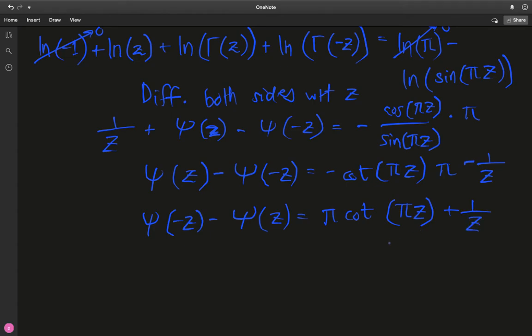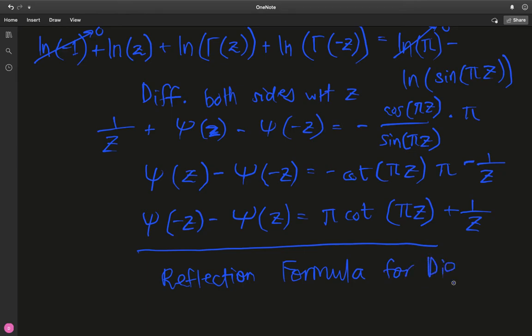Well, fair enough. That's really nice. So we have successfully developed an expression for the difference of two digamma functions, and this is an alternate version of the reflection formula for digamma functions.